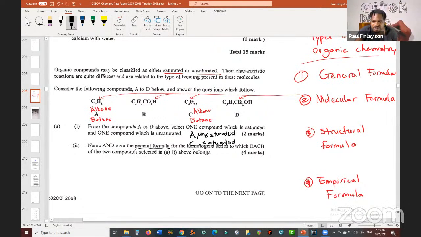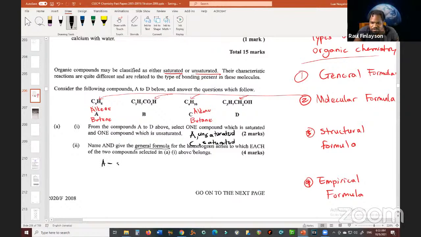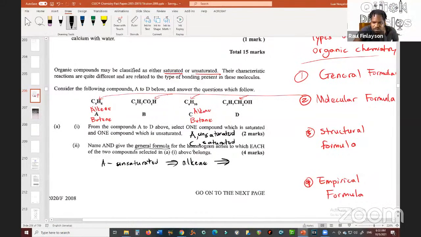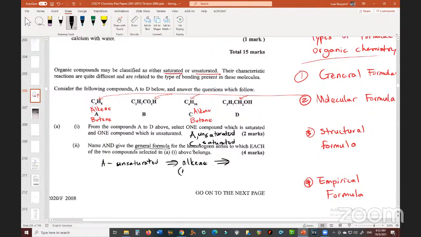So A, we already went through this. You say A is unsaturated. If A is unsaturated, that will give us an alkene. The general formula for alkene, we said was what again? CnH2n. All right, very good.